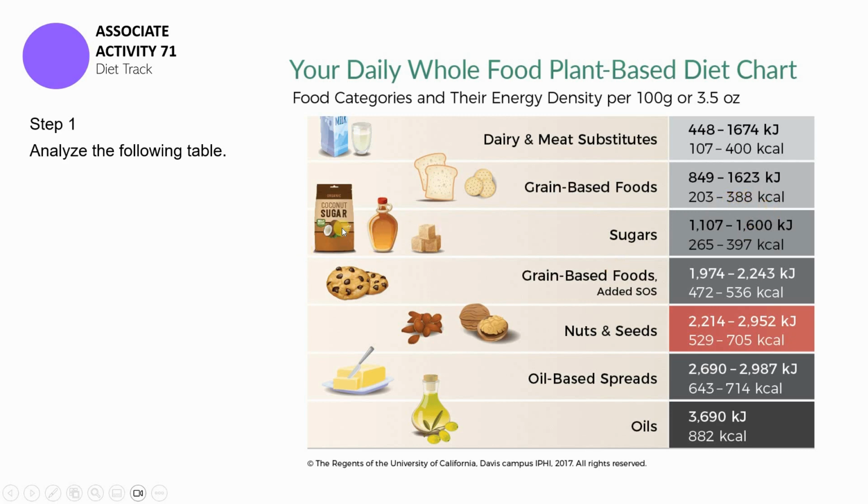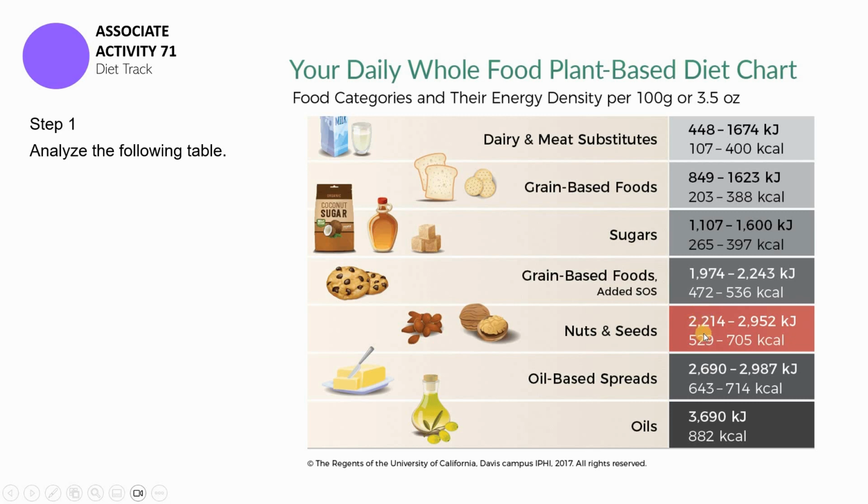Sugars such as these over here have around 1,107 to 1,600 kilojoules or 265 to 397 kilocalories. Grain-based foods with added sauce are around 1,974 to 2,243 kilojoules or 472 to 536 kilocalories. Next, and I bet that we all love these, are the nuts and seed foods.